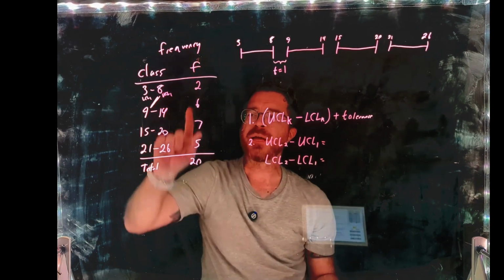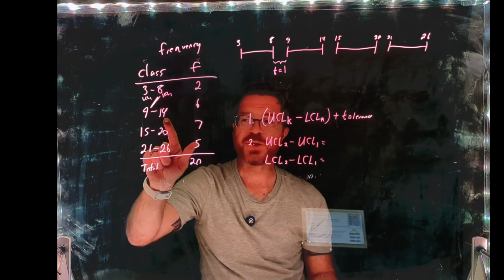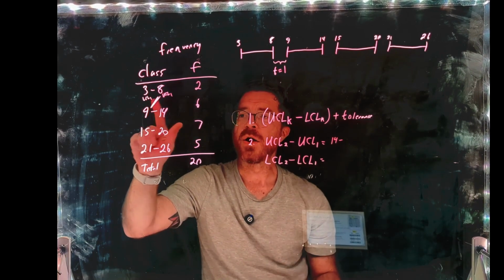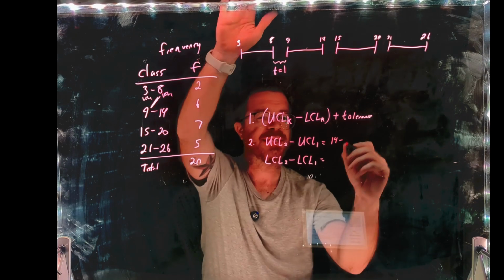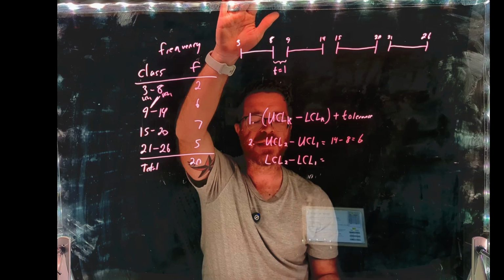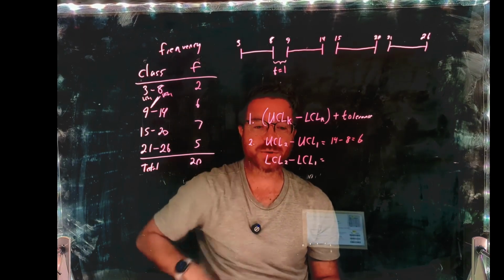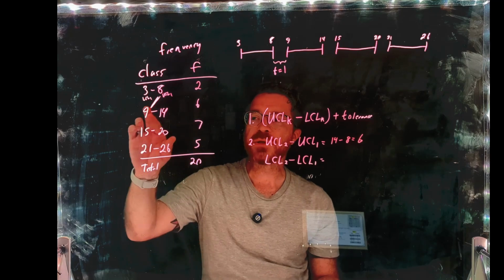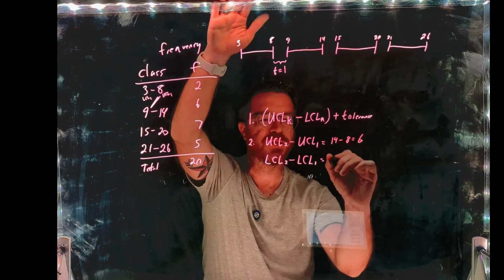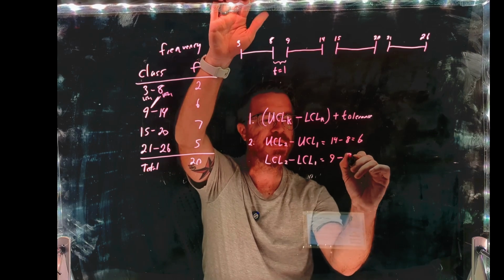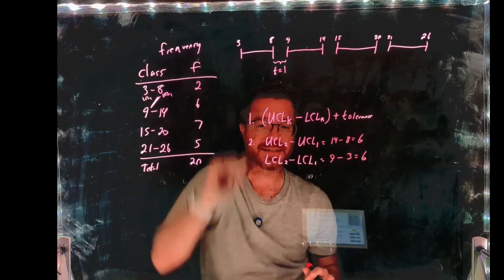For example, our upper class limit for group 2 here is 14 minus our upper class limit for group 1, which is 8. So 14 minus 8, we get a class width of 6, which matches what we just had using our first method. Same thing with the lower class limits. If I do lower class limit 2, that's 9, minus lower class limit 1, which is 3. This will give us 6.